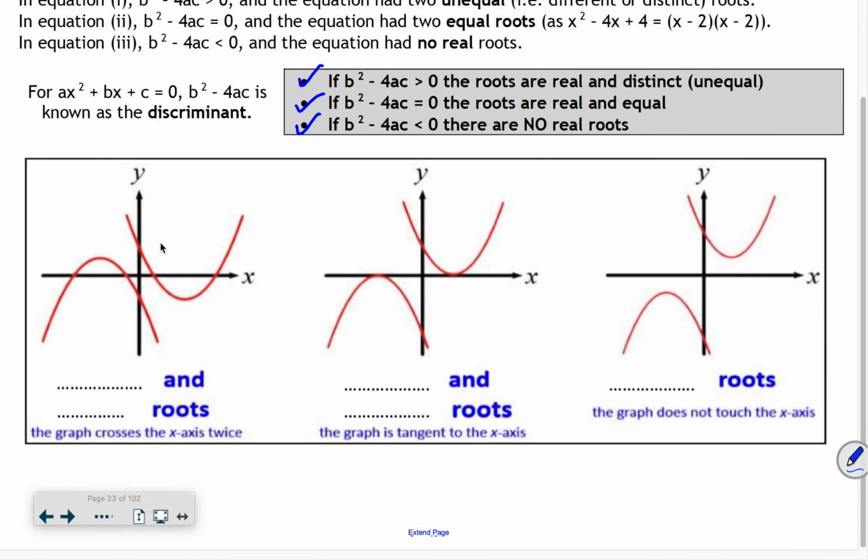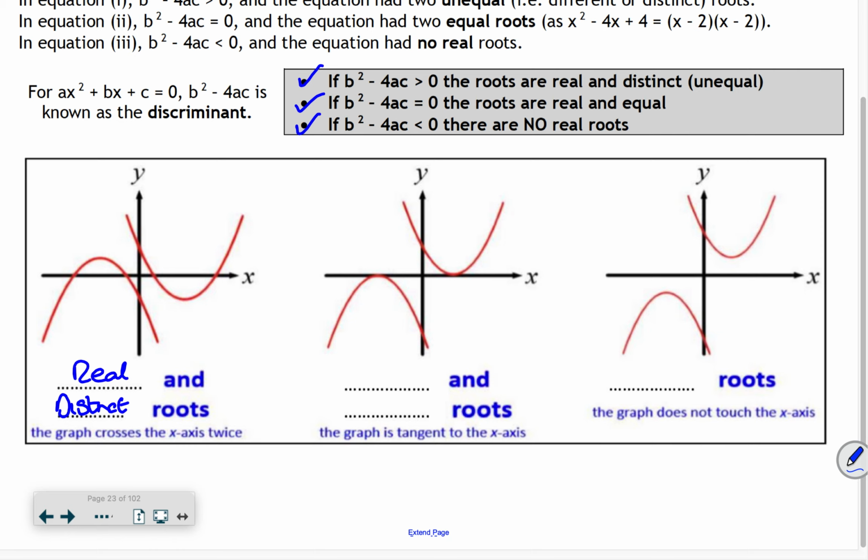So, looking at this, if we have a parabola that cuts in two different places or two distinct places, we can say that we have real and distinct roots.